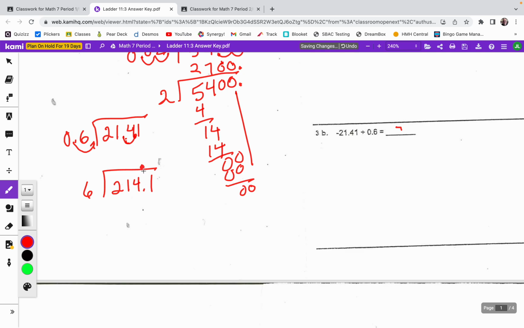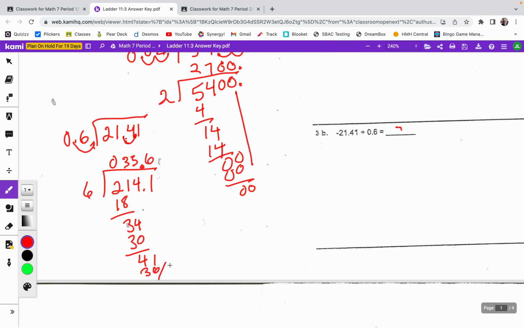The decimal point is right there. Just goes straight up. Can't make any groups of 6 out of 2. I could make 3 groups out of 21 with 3 left over. 5 groups. 5 times 6 is 30. 4 left over. 1. 6 times 6 is 36.